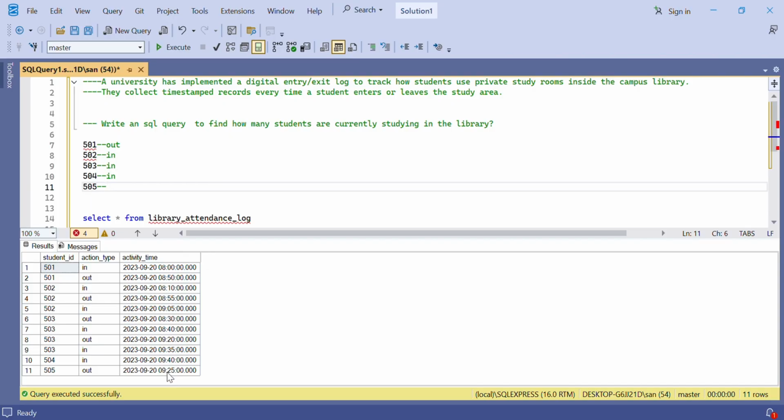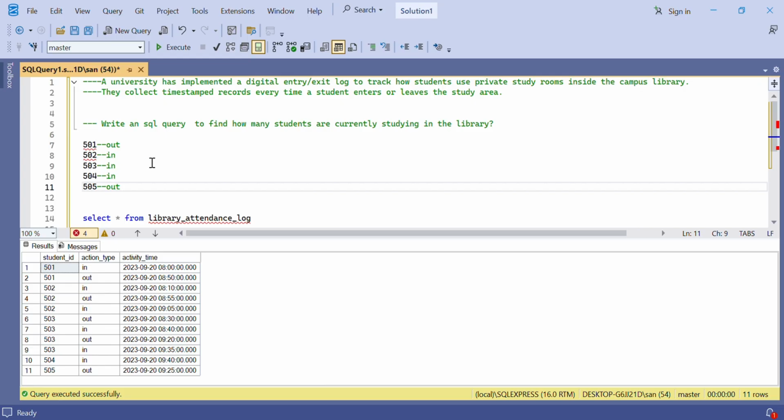So the question is asking to find how many students are currently in the library. The students who are currently in the library are student 502, student 503, and student 504. Students 501 and 505 are outside the library. So we are only interested in the students currently inside the library, which are students 502, 503, 504.